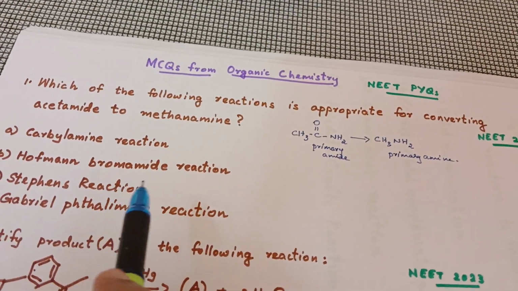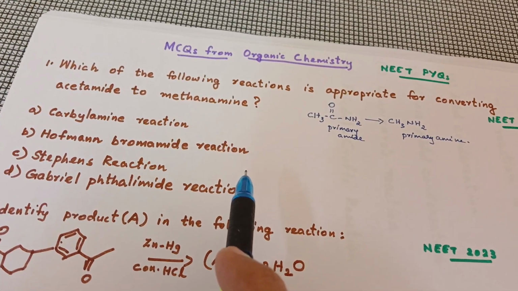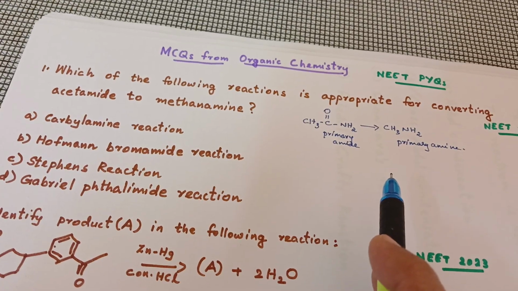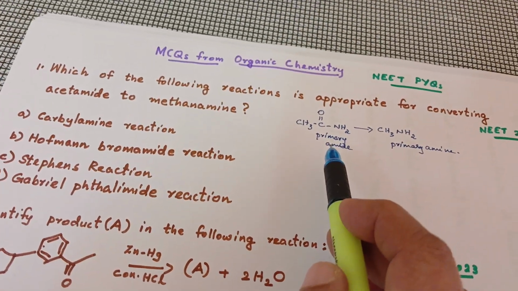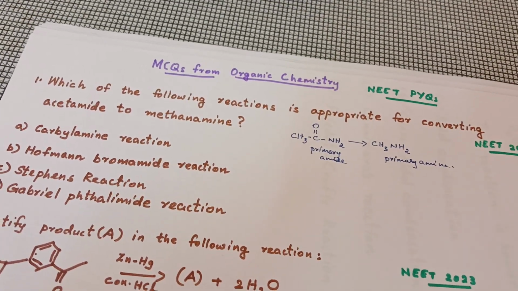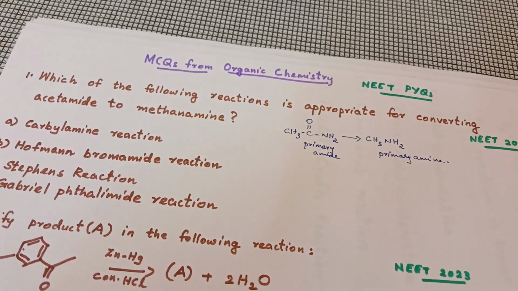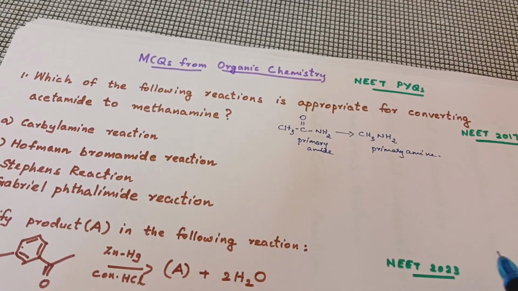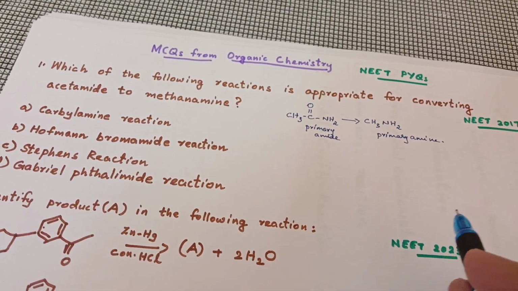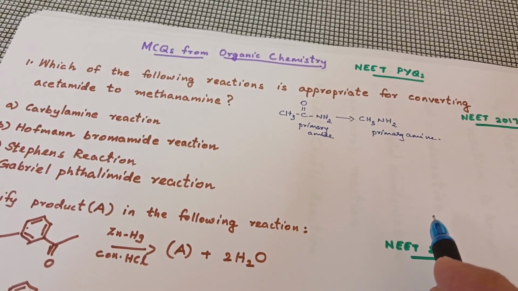Then next is Hofmann-bromamide reaction. In Hofmann-bromamide reaction, you convert a primary amide to a primary amine. What do you do? You heat it with or treat it with bromine and a strong base like sodium hydroxide or potassium hydroxide.